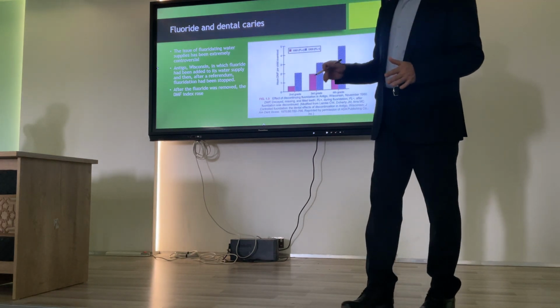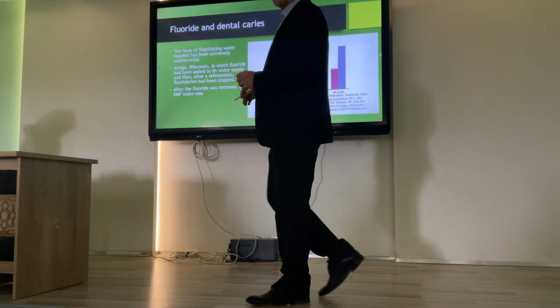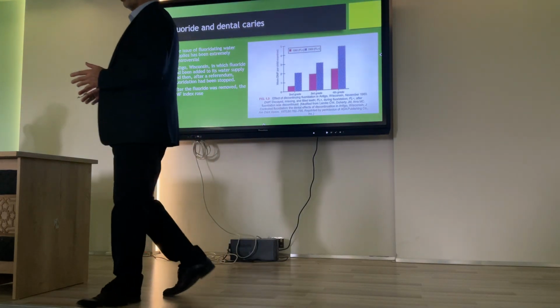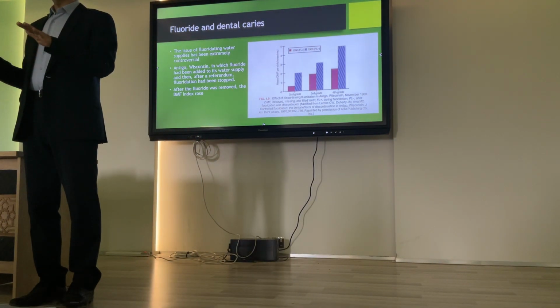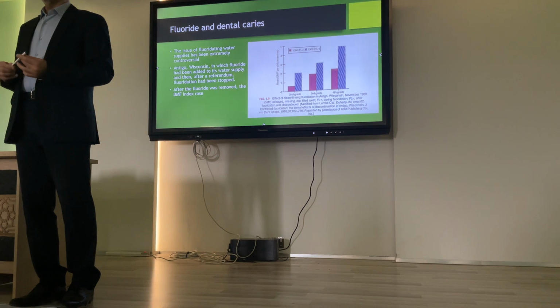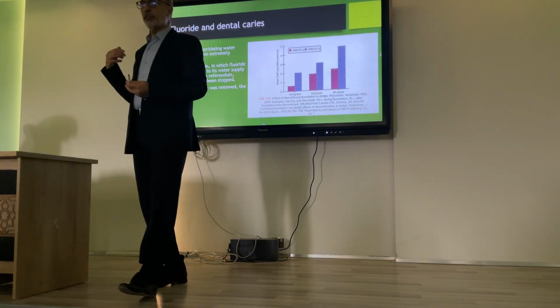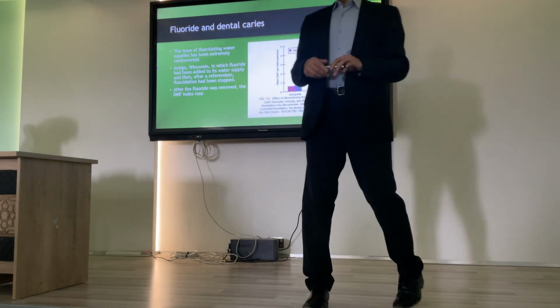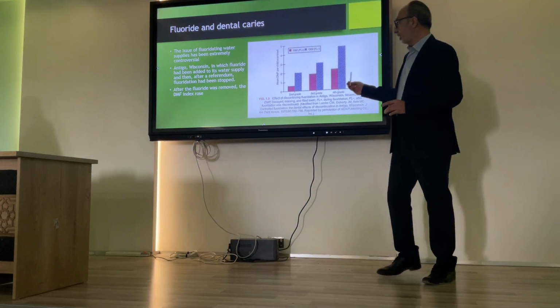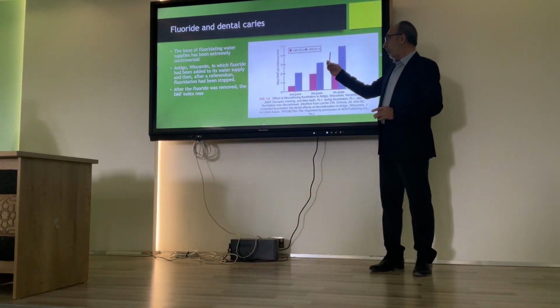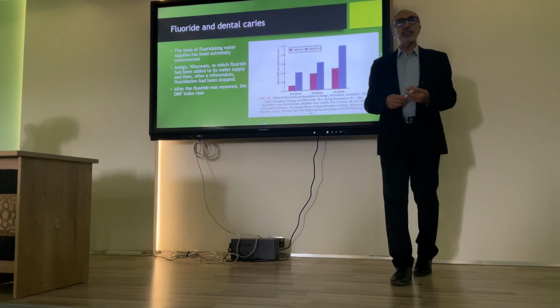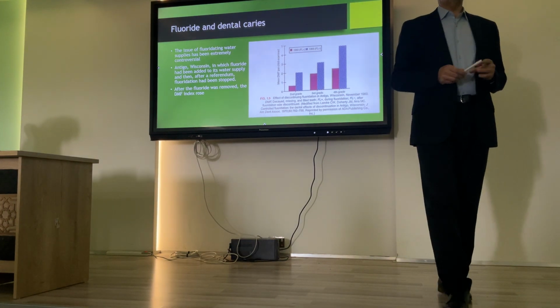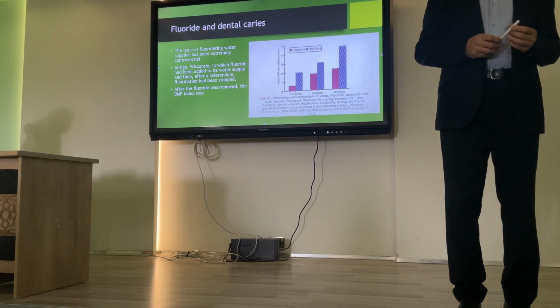The second piece of information was an interventional study that showed by adding fluoride we can decrease the number of dental caries. And the third part of information came from discontinuation of fluoridation and showed that by discontinuation the number of dental caries returned to its previous number.